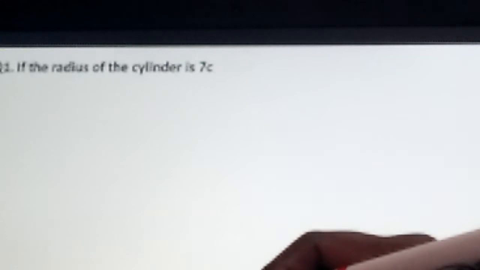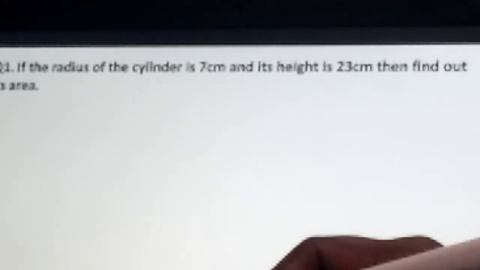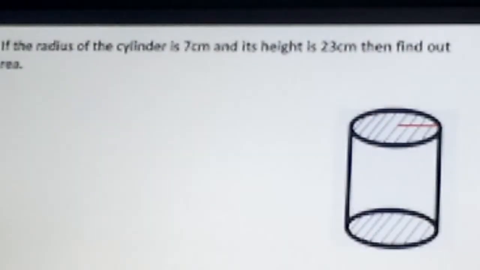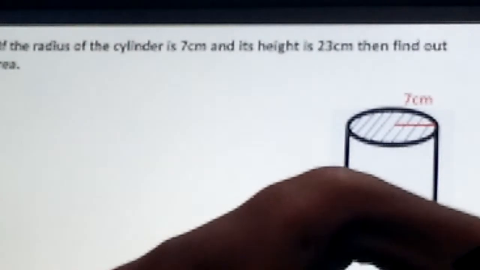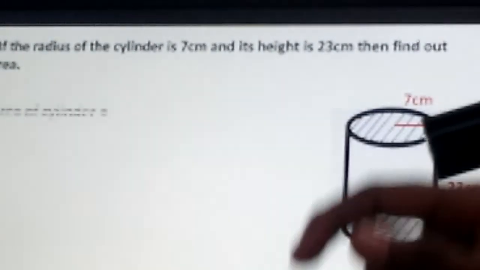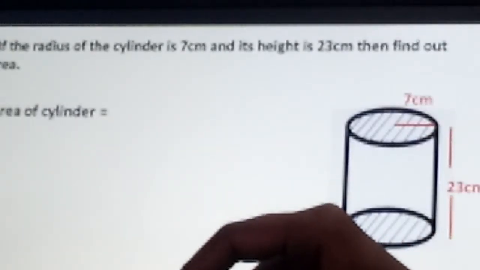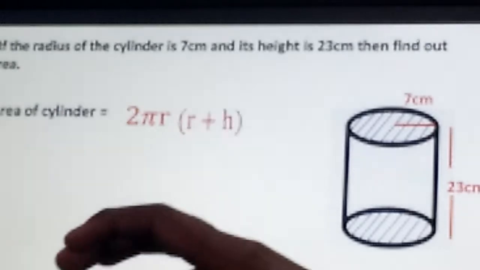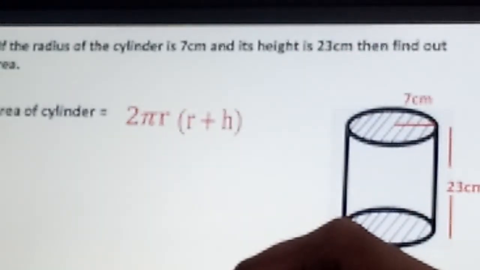If the radius of the cylinder is 7 centimeter and its height is 23 centimeter, then find out its area. There is a cylinder. The radius is 7 centimeter and the height is 23 centimeter. Now the area of the cylinder is equal to 2 pi multiplied by radius multiplied by the sum of radius and height, right?